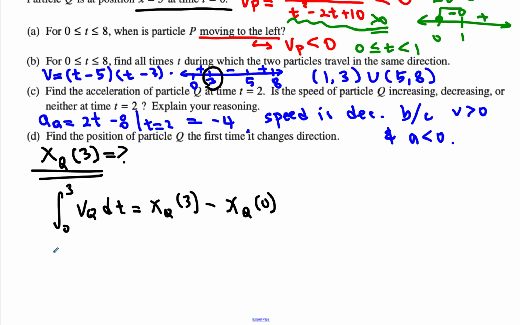Now, my left side becomes the integral from 0 through 3 of the expression t squared minus 8t plus 15 dt, and on the right, x of Q of 3 is what I'm looking for, minus x of Q of 0, which was equal to 5, they told us.